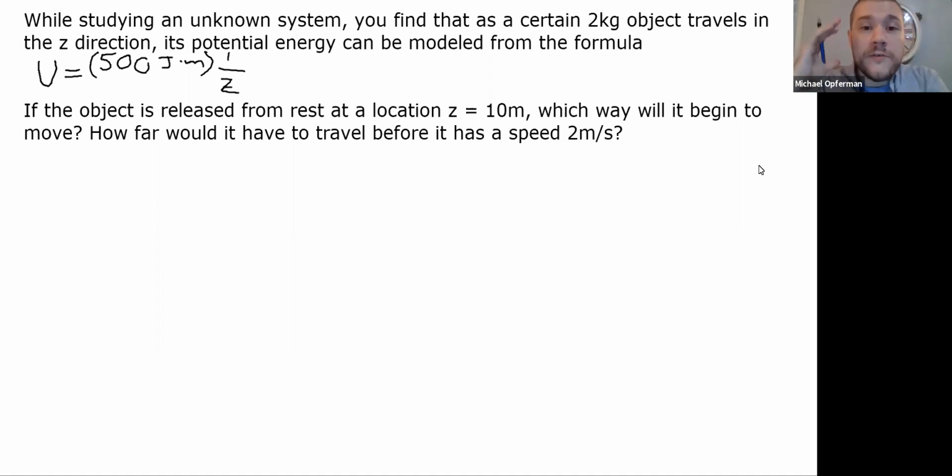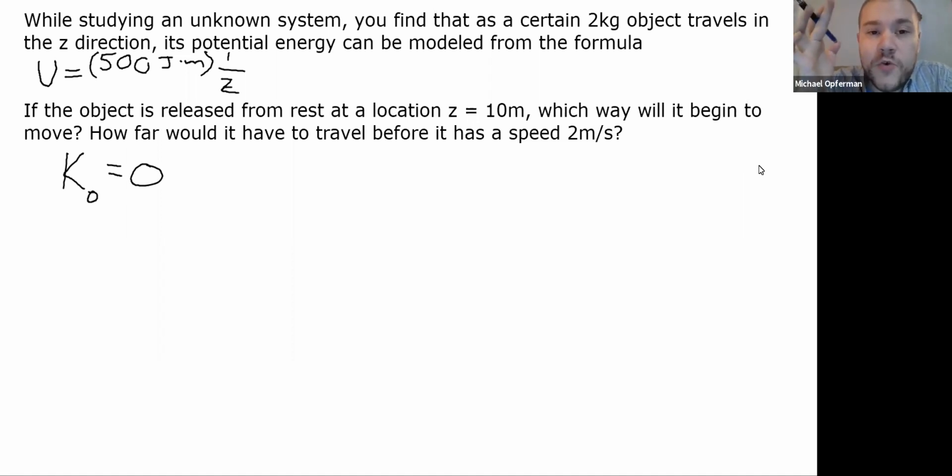The way that you can figure this out is the fact that kinetic energy cannot be negative. I mentioned that in a previous video. And the object is being released from rest, which means it has no kinetic energy initially. Now, since its kinetic energy cannot be negative, there's only one possibility.